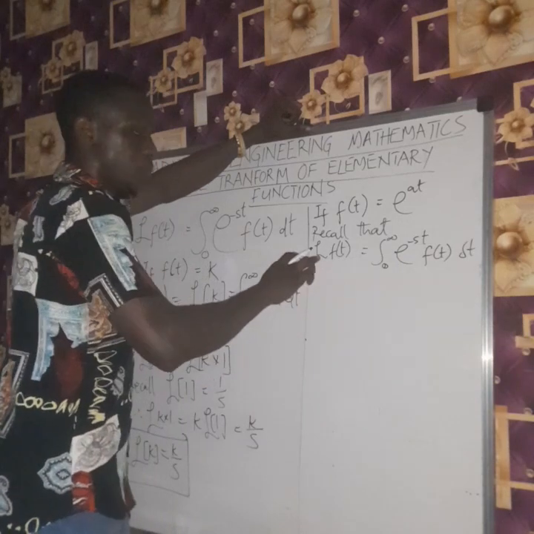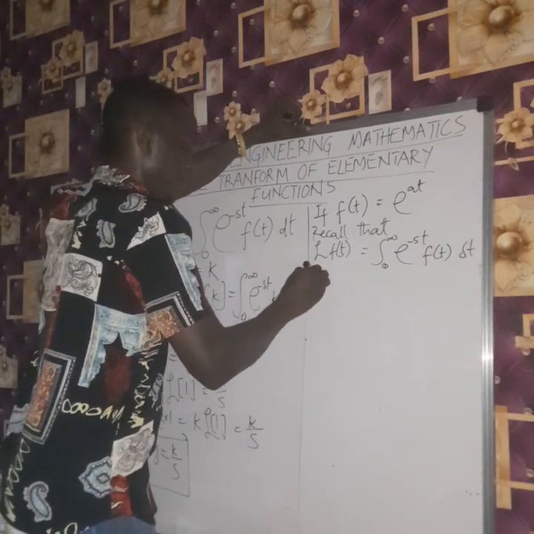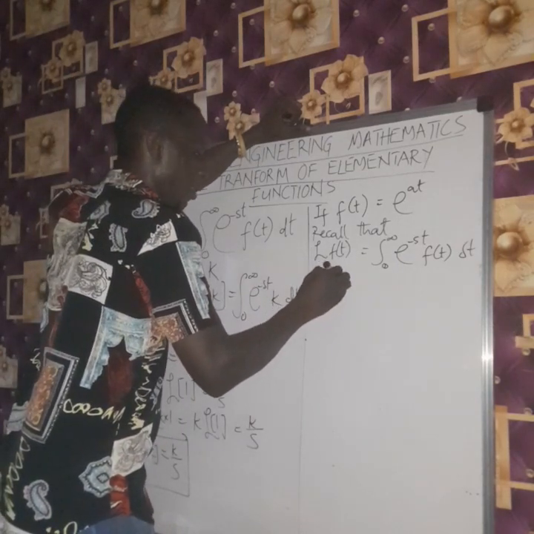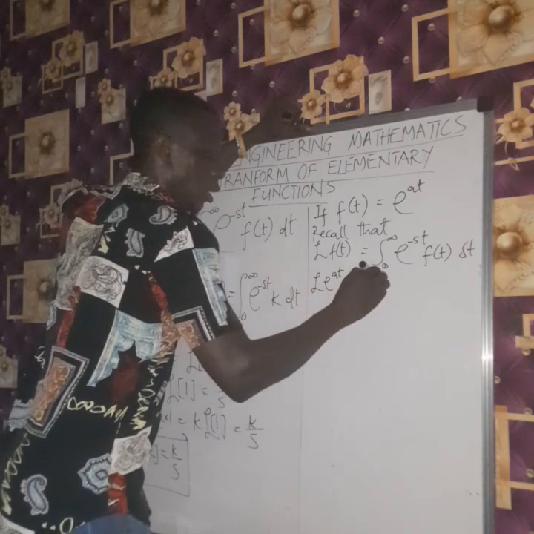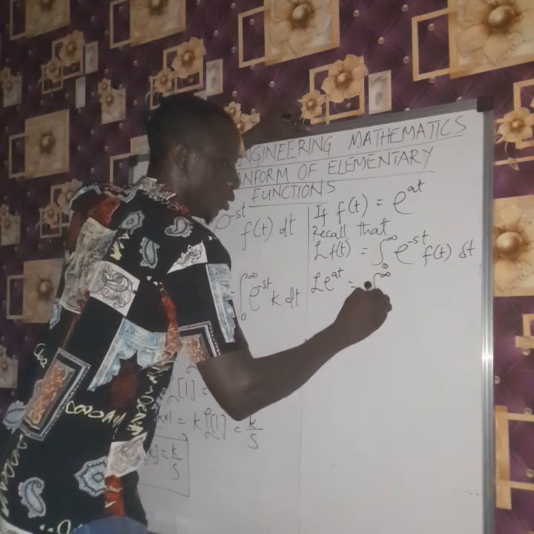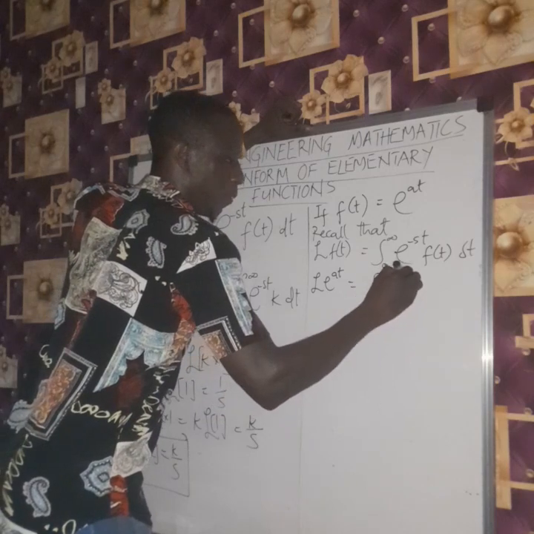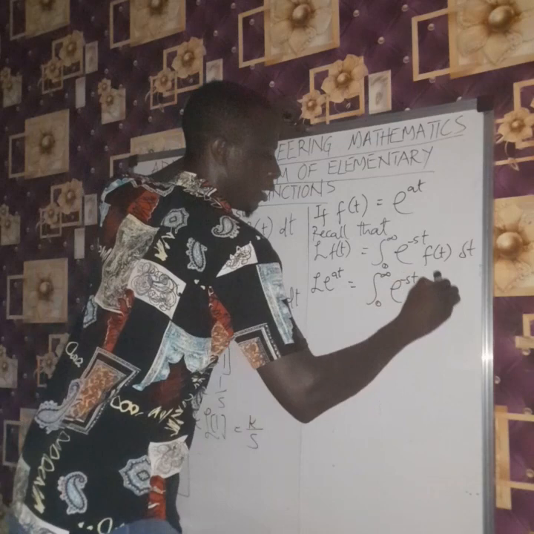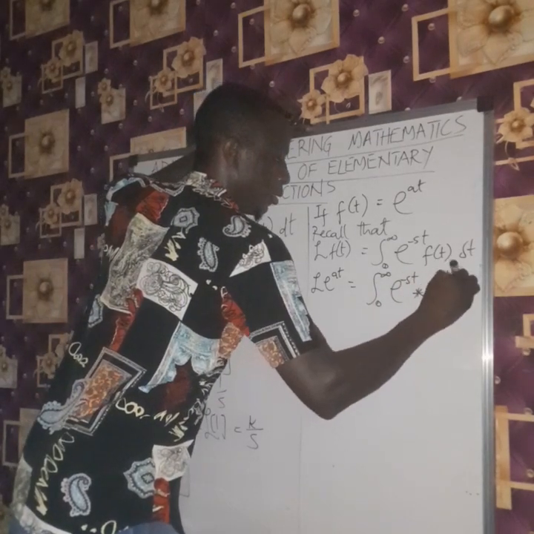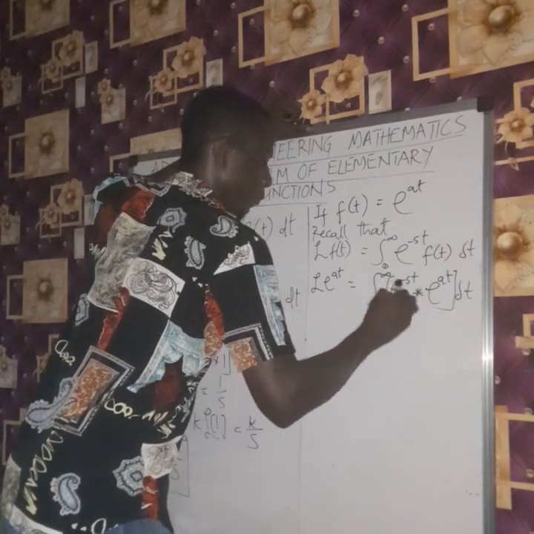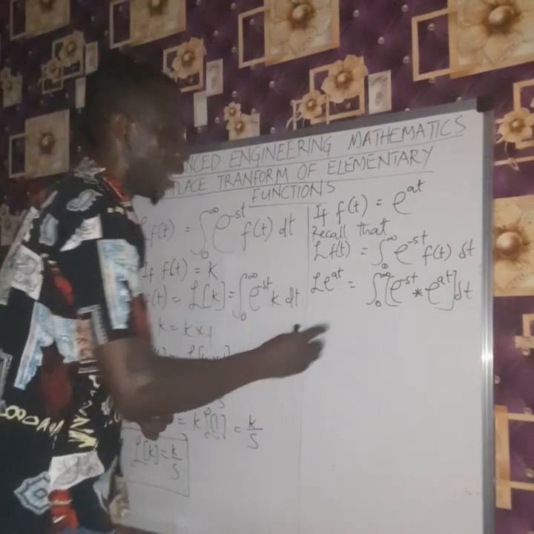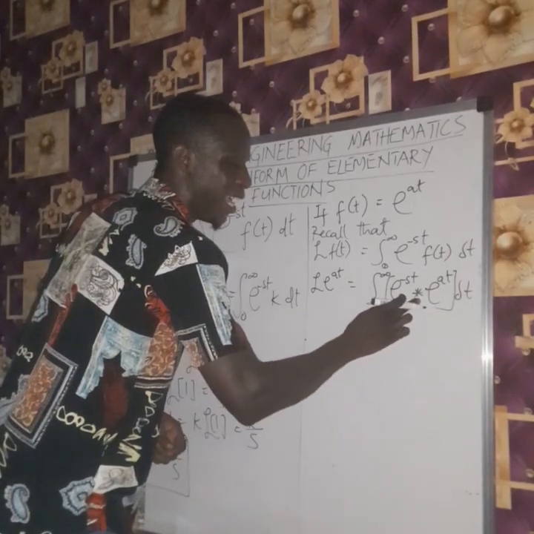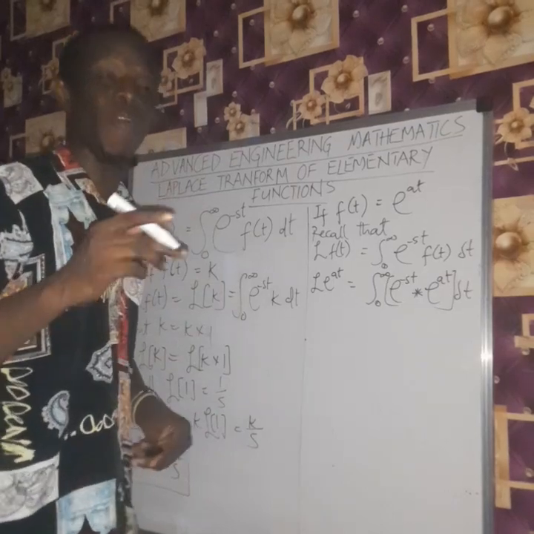I'm going to replace this now. I have Laplace of e raised to the power at equals the integral from 0 to infinity of e raised to the power minus st times e raised to the power at dt. Are we together? Now look here, in multiplying, the powers are going to add by the product law of indices.